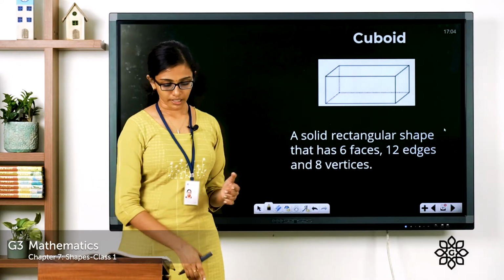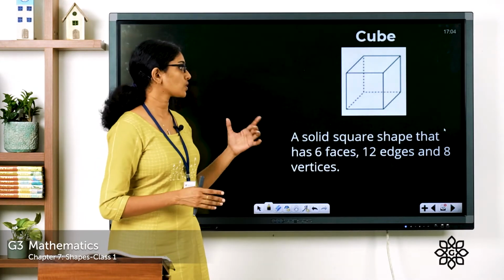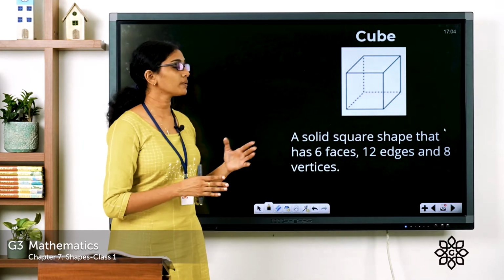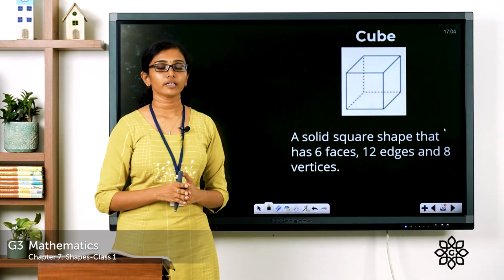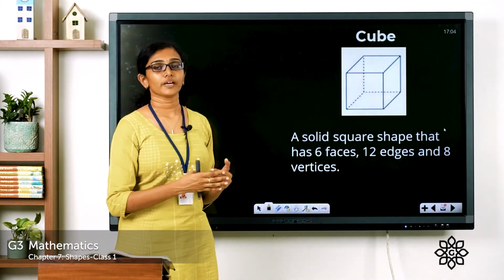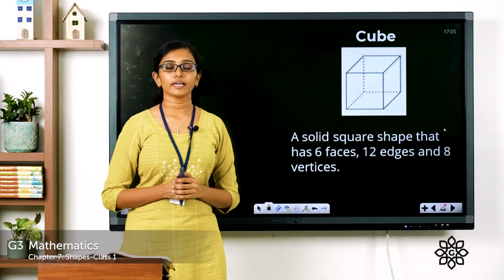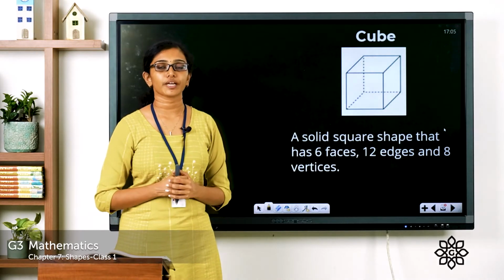Now the second one, cube. A cube is a square shaped solid object. It's similar to a cuboid, but a cube is a solid 3D object. A cuboid has rectangular faces, but in a cube, all the faces are squares. All the faces are of the same size and shape.